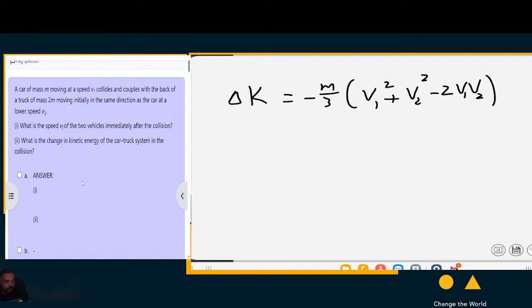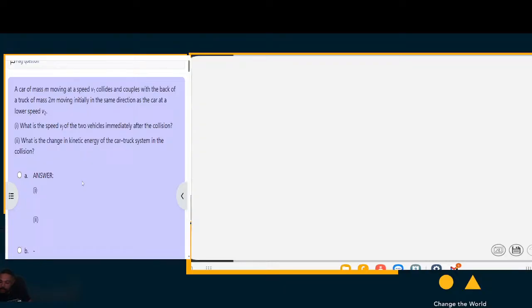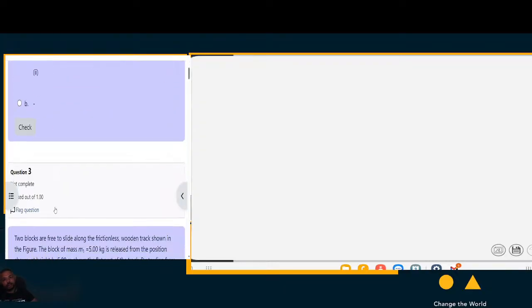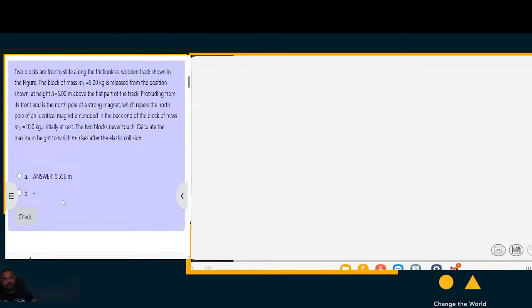Now, question number 3, having to do with blocks. Two blocks are free to slide along the frictionless wooden track shown in the figure. Okay, so I'll just show you what it looks like.